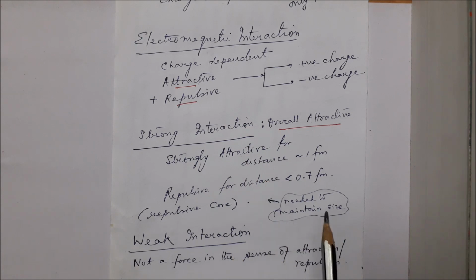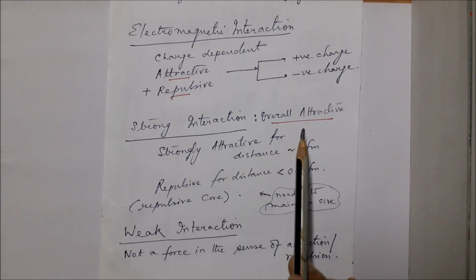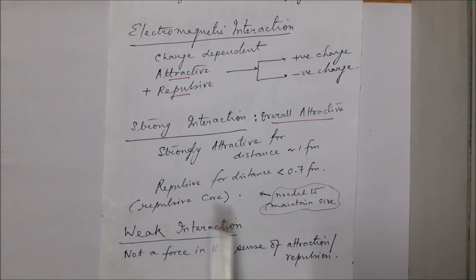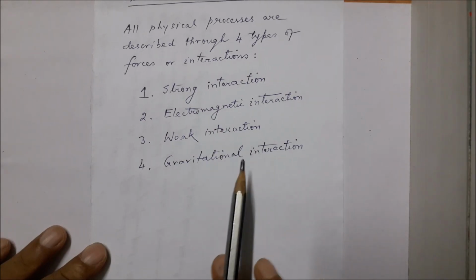That is to maintain size. This is very important. But it is overall attractive. We cannot discuss these things in further detail in this lecture. Let us come to the lifetime of these interactions now.